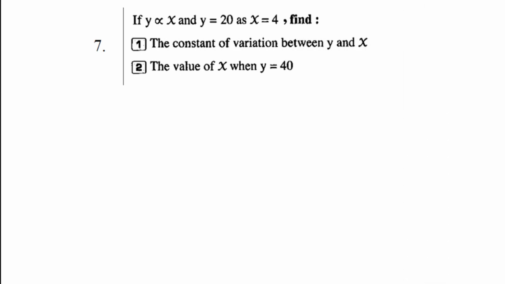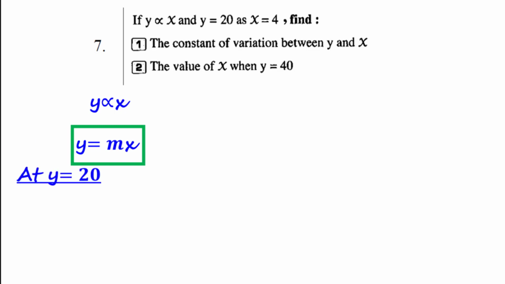Number 7, if y varies as x and y equals 20 as x equals 4, find the constant of variation between y and x. You can find here the constant and write the relation between y and x, then the value of x when y equals 40. We have y varies as x, we can get that y equals mx, where m is a constant, guys. At y equals 20, x equals 4.